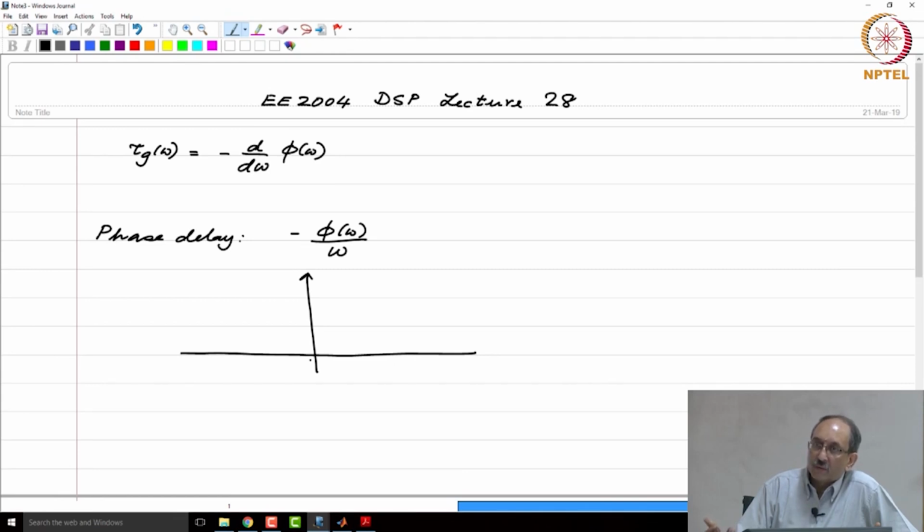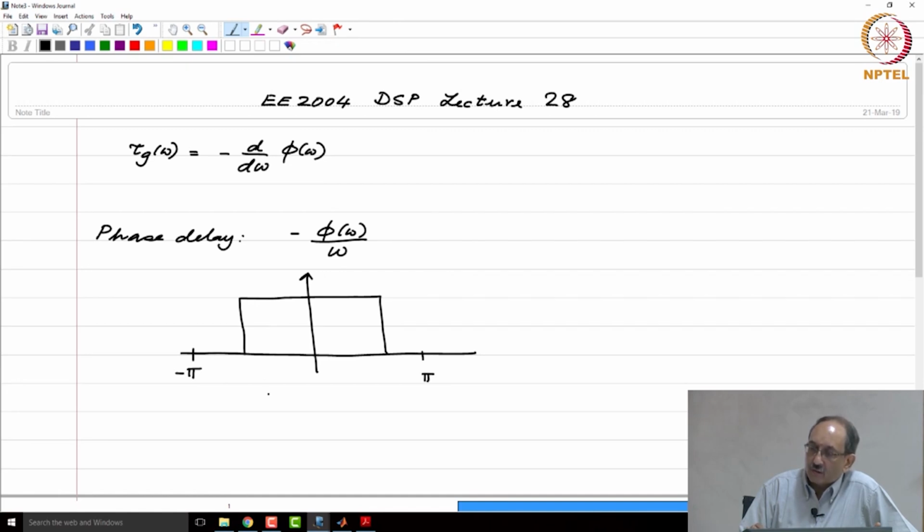It delays components. Now, if you recall, this was the ideal low pass filter, and then we made the statement that the Paley-Wiener theorem does not allow you to realize ideal filters that are causal.